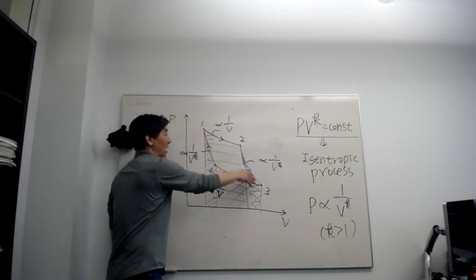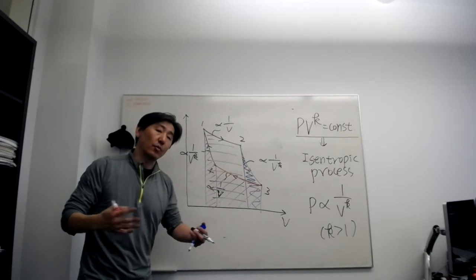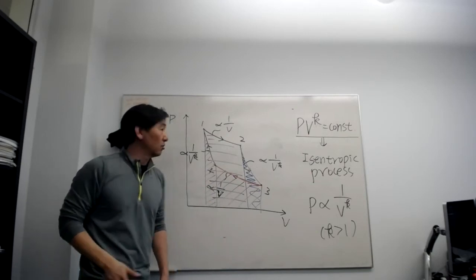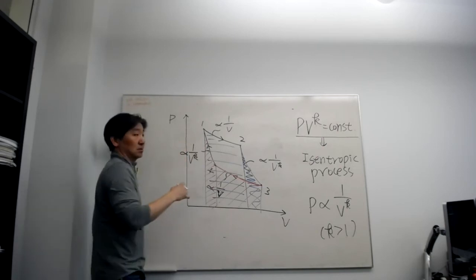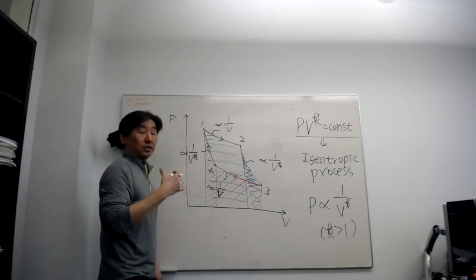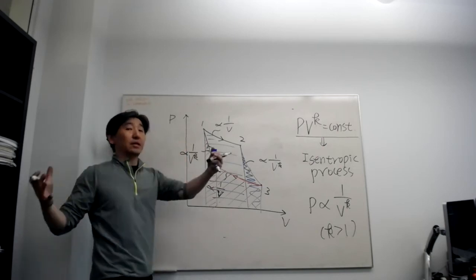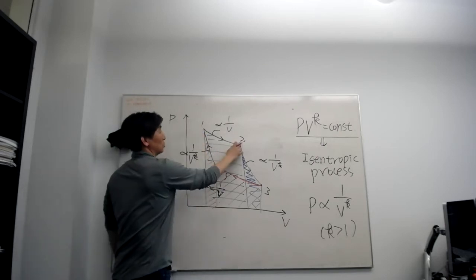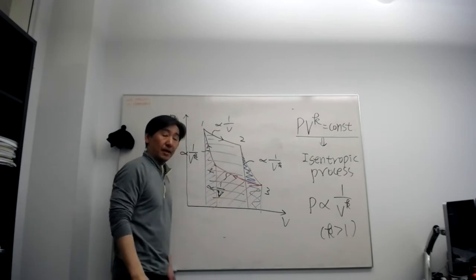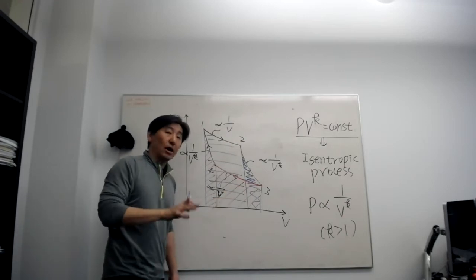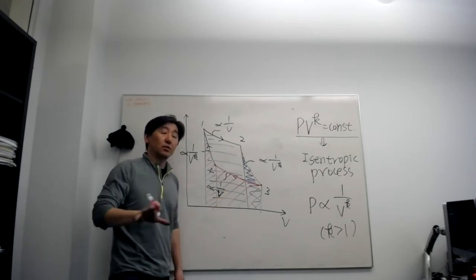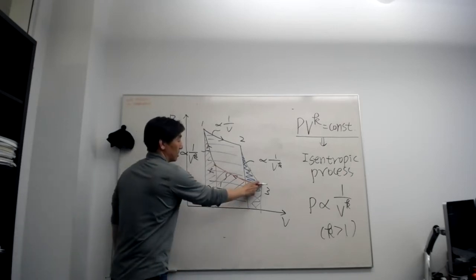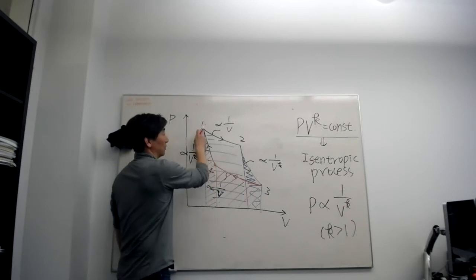So all 4 processes involve certain type of work, either expansion or compression. Now the net work out is the difference between the entire expansion work involved in 1 to 2 and 2 to 3, minus the compression work that the Carnot cycle needs in process 3 to 4 and 4 to 1.